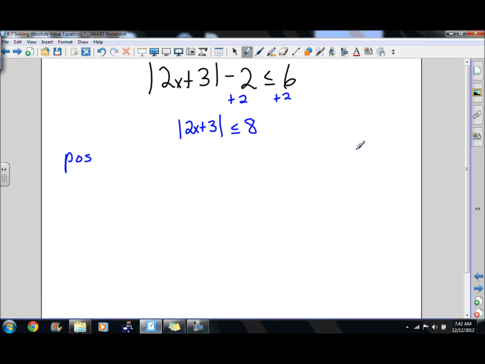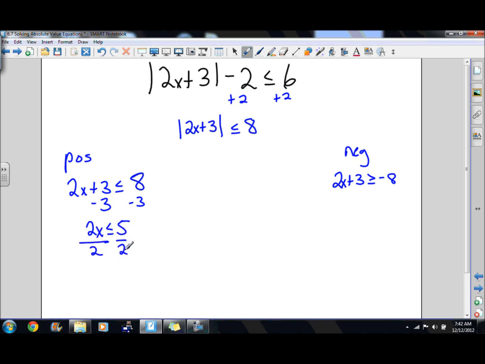Positive solution, negative solution. So we get 2x plus 3 is less than or equal to 8. And over here we get 2x plus 3 is greater than or equal to negative 8. Now we solve. Minus 3, minus 3. 2x is less than or equal to 5. Divide by 2.